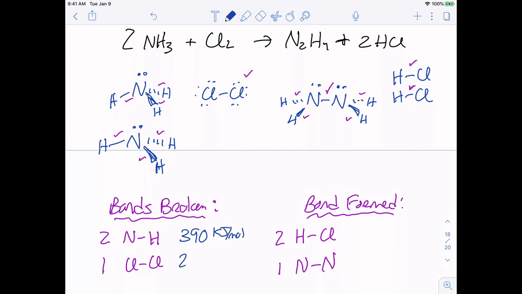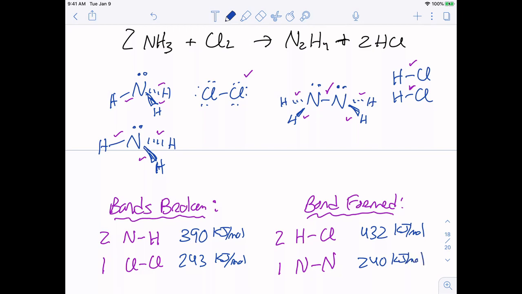Chlorine, 243. These are all going to be positive values because you have to put energy into breaking something, right? So I'm absorbing energy. If I wanted to look at the amount of energy that's released when I form them, then I would put a negative sign in front of all of them. HCl 432, and my nitrogen 240.